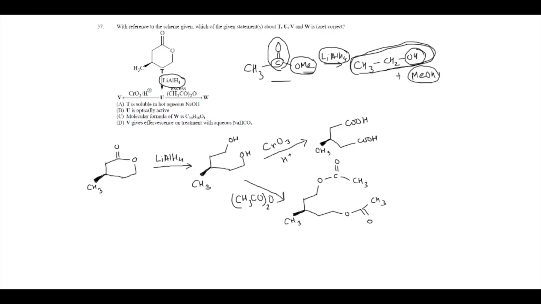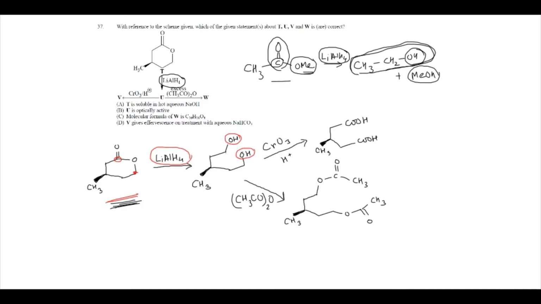Here we have a cyclic ester. We can see in the question we have a cyclic ester, this one. So this one is reacting in presence of lithium aluminum hydride. Here also this carbon will get an OH group, and the other carbon here is also getting an OH group. So 2 alcohols are formed, but they are in the same compound.